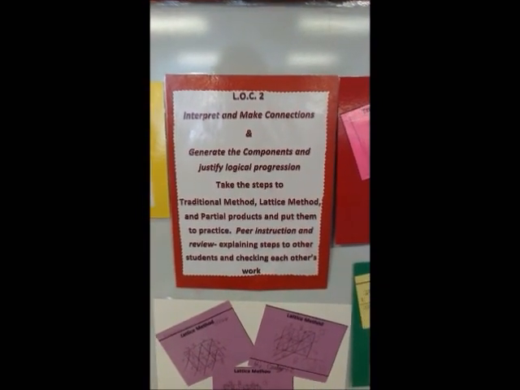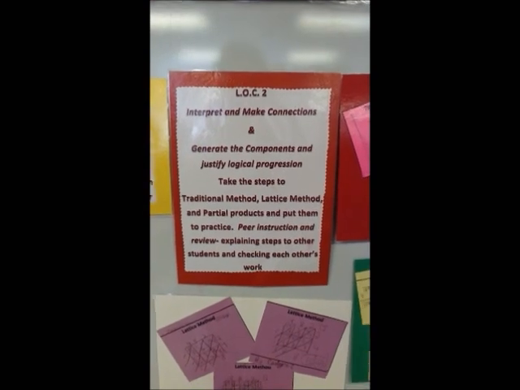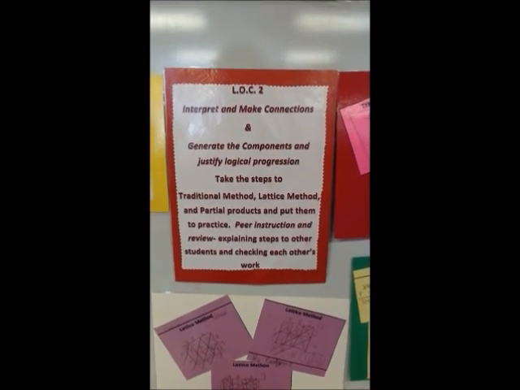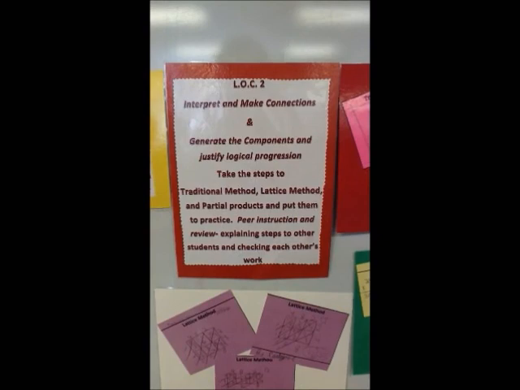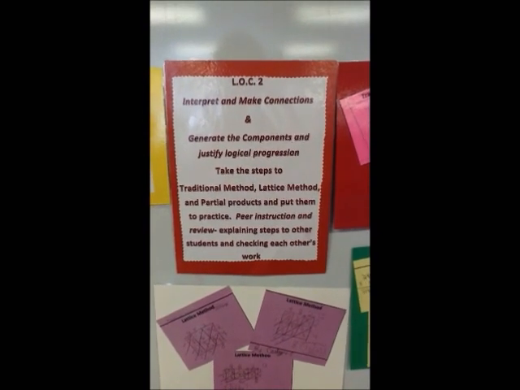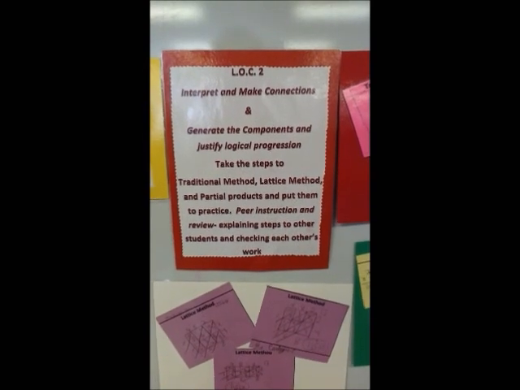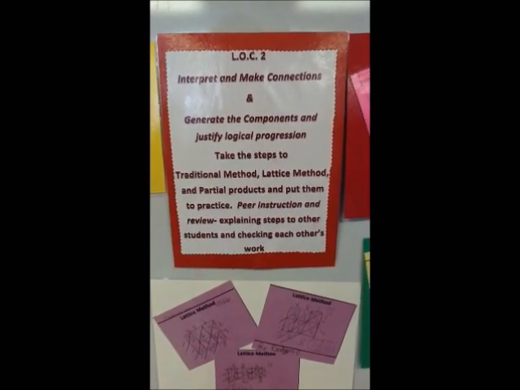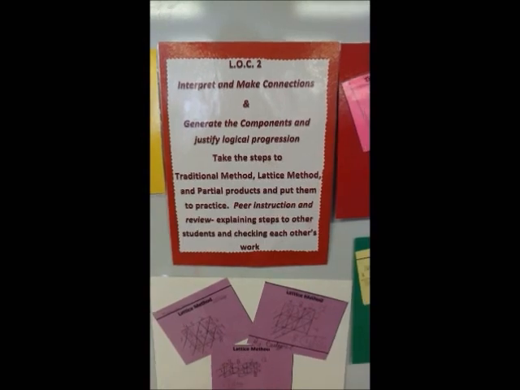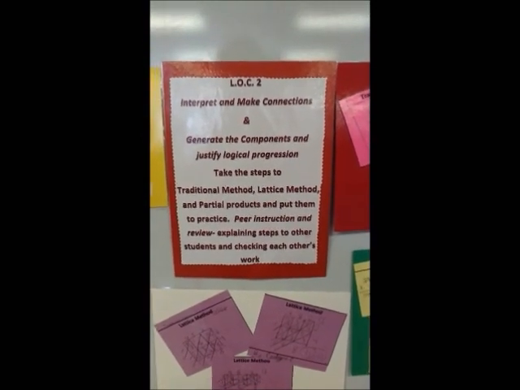So we took the steps to traditional method, lattice method, and partial products, and then put them to practice. They worked with peer instruction and review, and they had to explain the steps to other students, and they had to check their work as they went along.